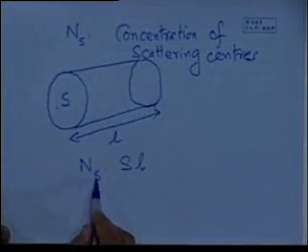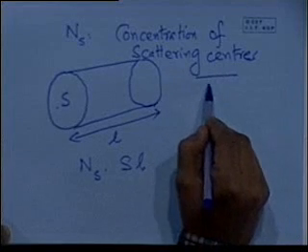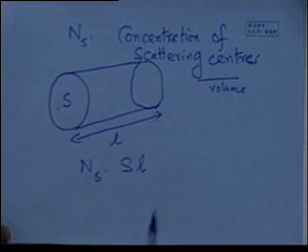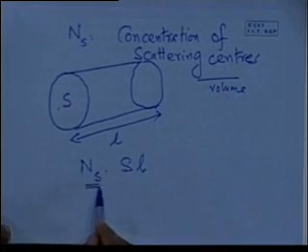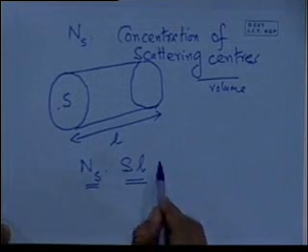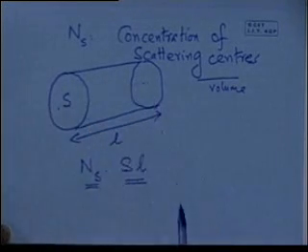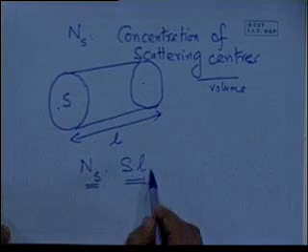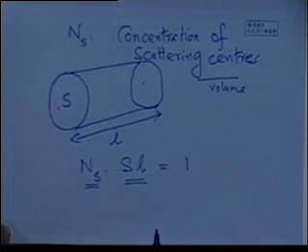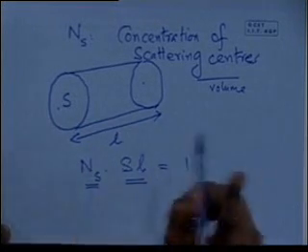So ns is the concentration of scattering centers, which is per unit volume. When I multiply ns by the volume, there's no scattering center in between. The next one will be on an average somewhere here. So we get that ns times this is just 1. There's one scattering center on an average within this volume. All right? Are you with me?